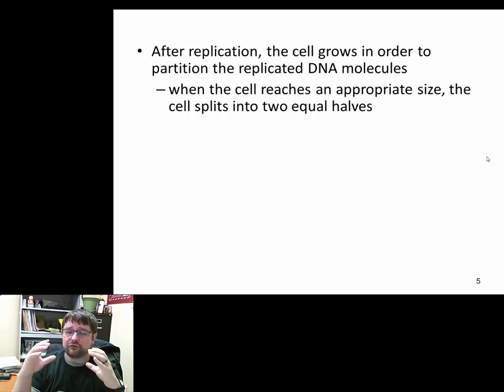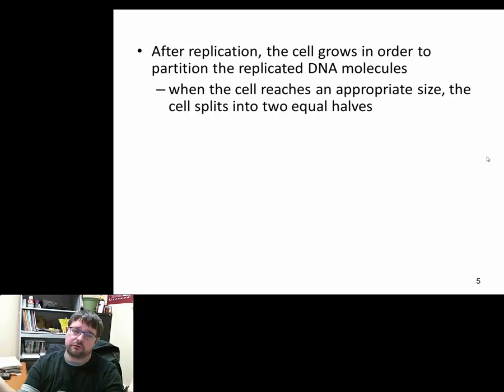Right? So it has to reach a certain size. So at some times, it's quite possible to find bacteria and archaea that are in different stages of replication, and they would have two chromosomes. They would have two DNA molecules inside them.